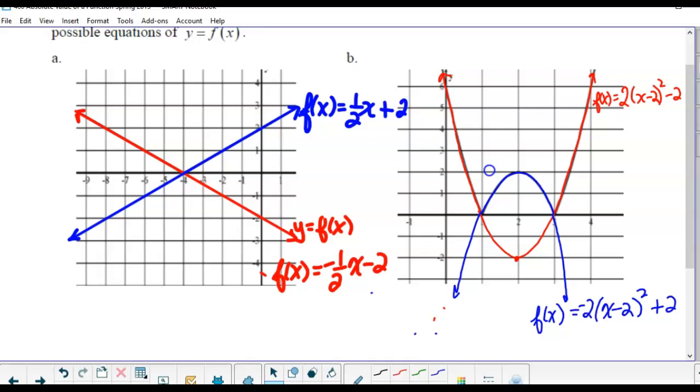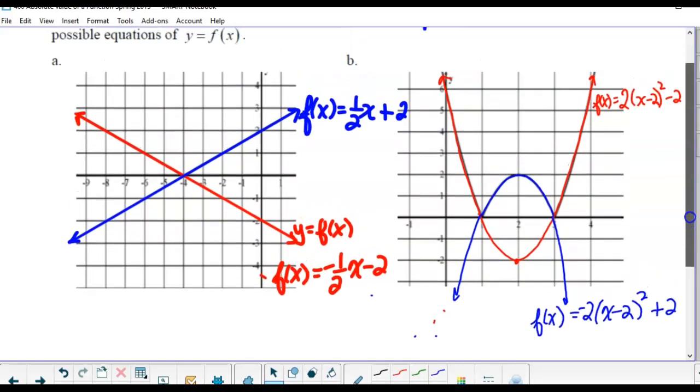And again, really, it's the entire opposite sign of this one. If I multiply everything here by negative 1, I get negative 2, x minus 2 squared, plus 2. So it's a complete reflection. Okay, so that's question 4.